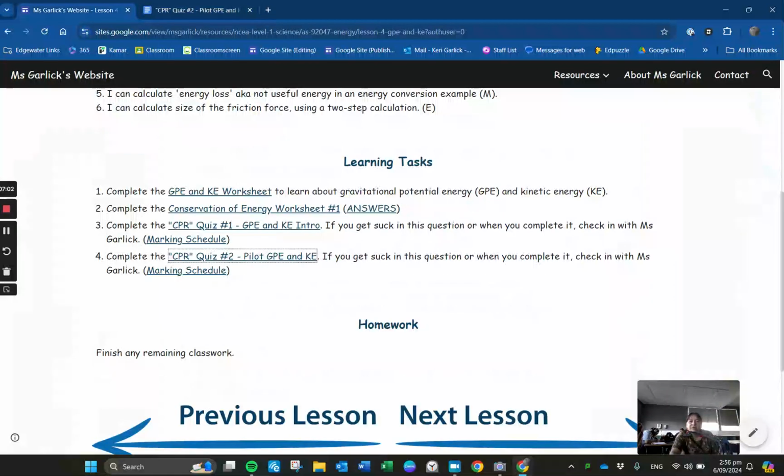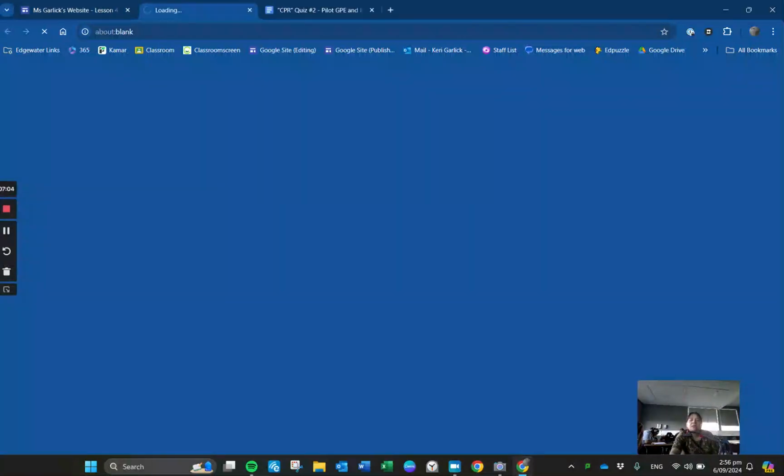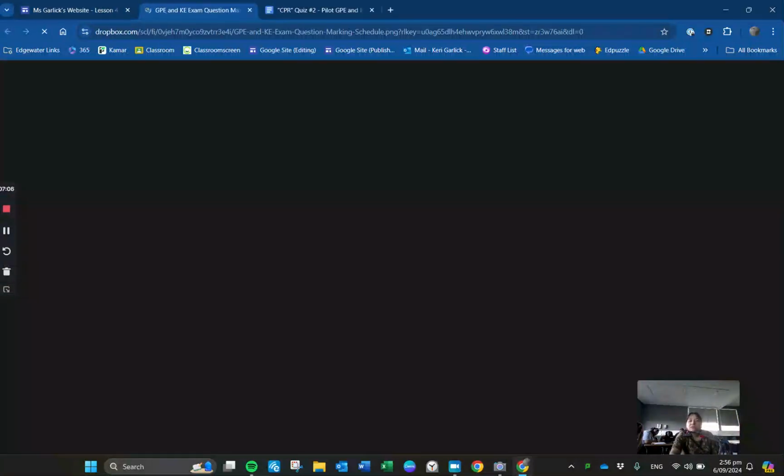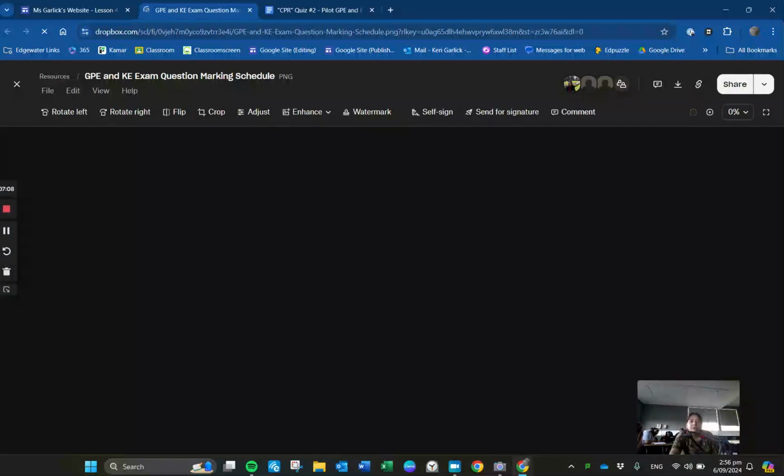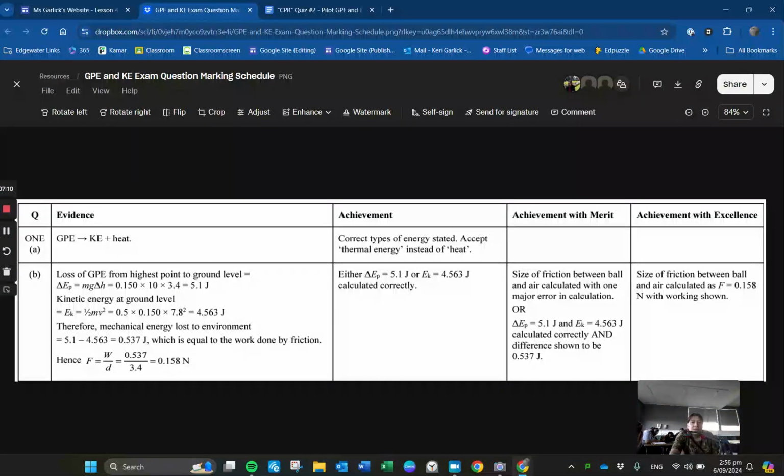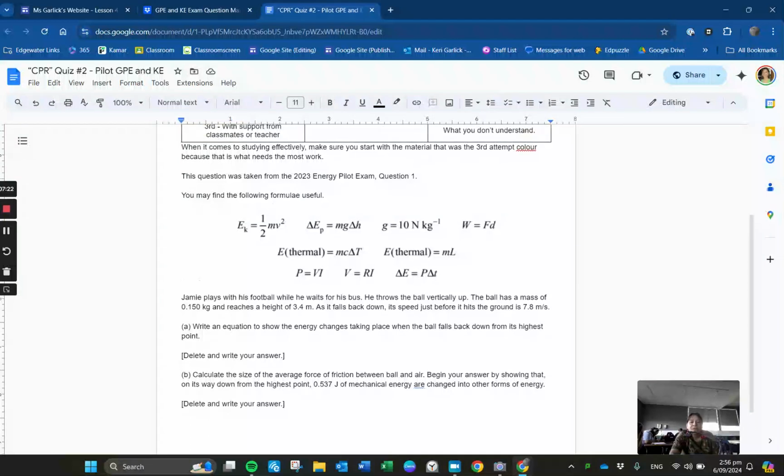I believe, let me just double check to make sure I'm going the right way. Yep, that's all right. Cool, kinetic energy, just double checking what that is. Okay, cool.